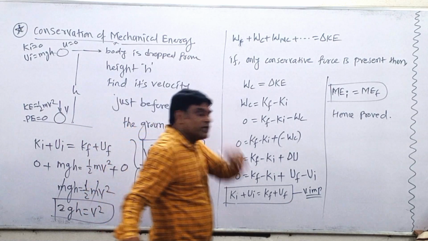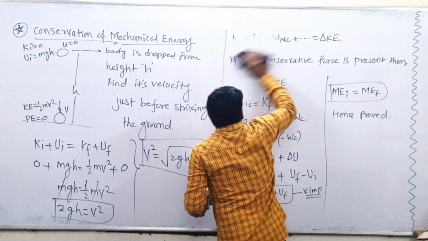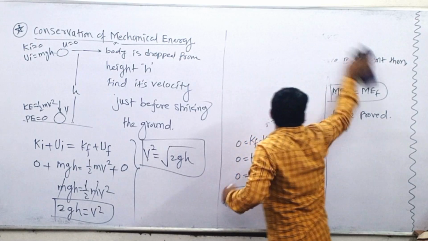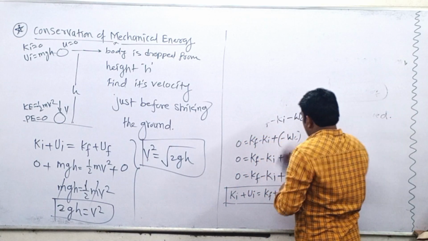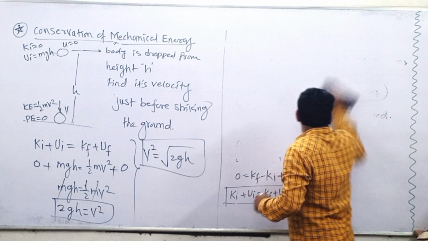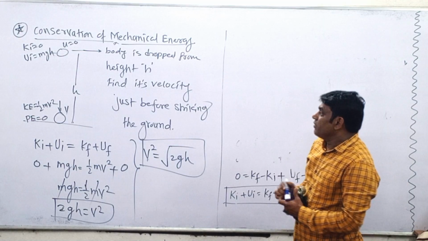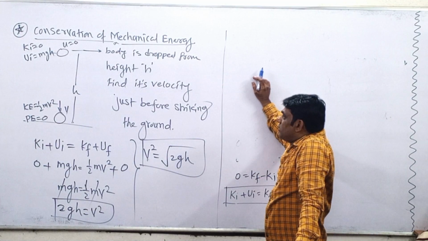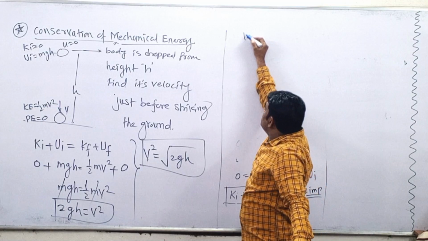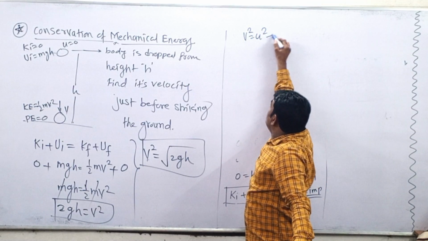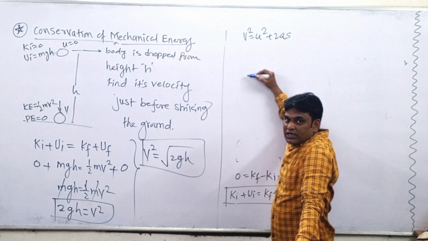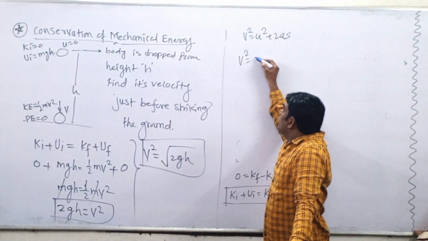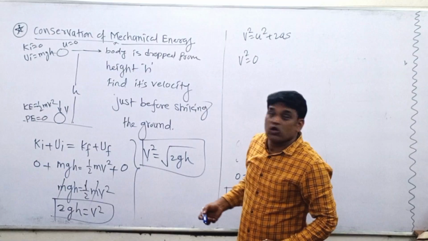How did we solve it in 1D? Just revise it. Let us have a recap of that. Look, by using one dimensional kinematic equations, how can we solve? Take this: v square is equal to u square plus 2as. We have to find v square. u, the initial velocity, is 0, since the body is dropped.